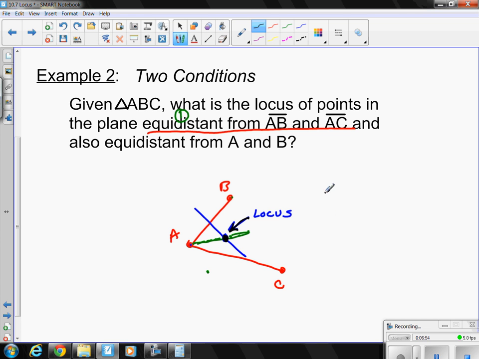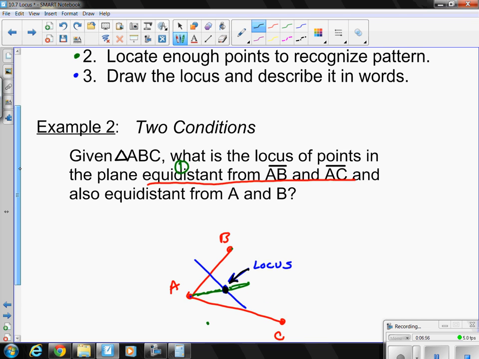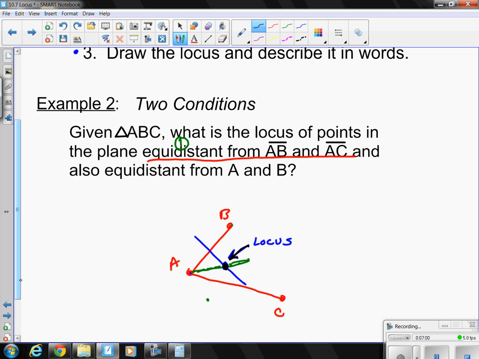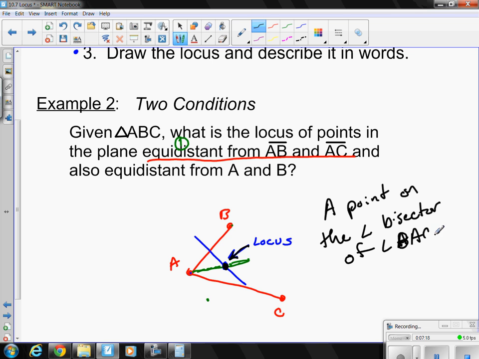Okay, so describe that now. We found it, draw the locus, did it in black here, and then describe it in words. It's just going to be a point on an angle bisector of angle BAC.